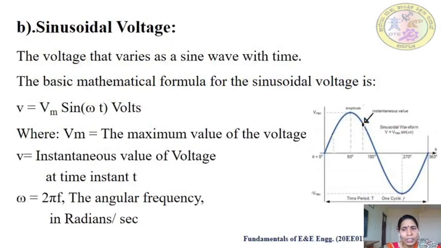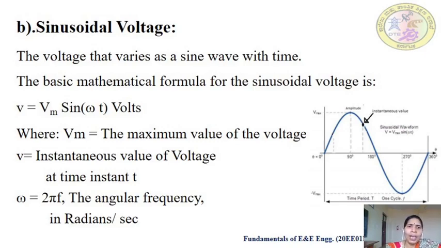Similarly, the voltage also varies as a sine wave with respect to time. The basic mathematical formula for the sinusoidal voltage is small v equal to Vm sine omega t. This formula is important to know the instantaneous value of voltage at a particular angle, at a particular instant.